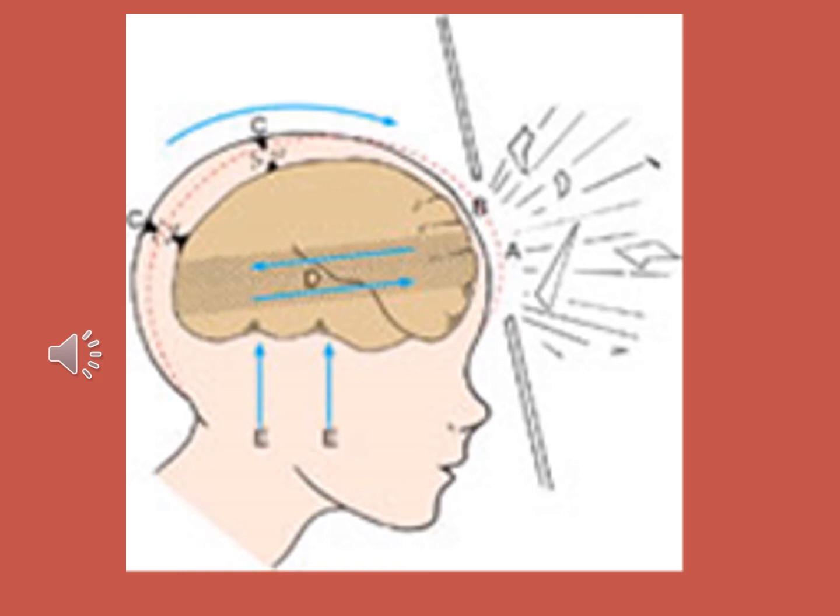What you'll see is ecchymosis around the eyes or behind the ear, as well as you need to look for rhinorrhea or otorrhea, so CSF draining from the nose or the ear. That may be noticeable. It is a serious finding, because that tells us we have a direct path to our CNS, which we worry about infection.